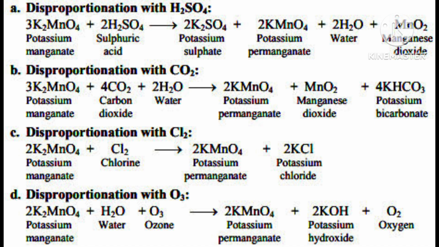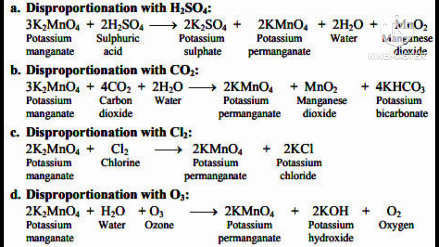And the next reaction: nitrite is oxidized to nitrate. Nitrite means 5NO2- plus 2MnO4- plus 6H+. All these reactions are taking place in the presence of acid medium and potassium permanganate.